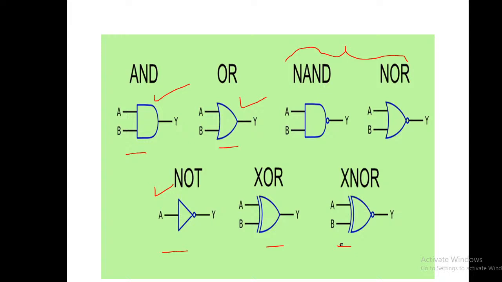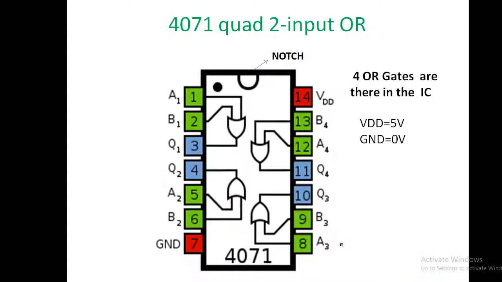Now if you see this one, I will come to the IC diagram of 4071. In case of 4071, this signifies the OR gate. In the basic electronics lab also, if you have used the OR gate, you have seen how to count the pin numbers.